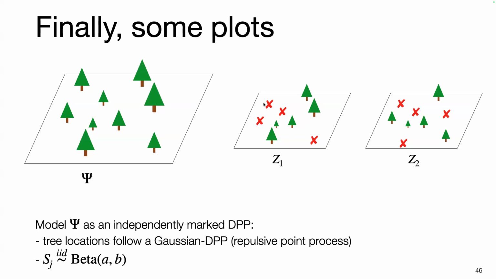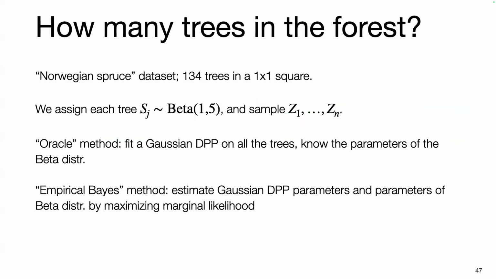We have observations that recall some partial surveys of the forest. We tested this model on a real data set of Norwegian spruces. Actually, this data set already contains all the information about the trees, so we were doing the thinning by hand, generating observations by assigning to each tree independent beta random variables for their visibility score, and then sampling Z1 to Zn.